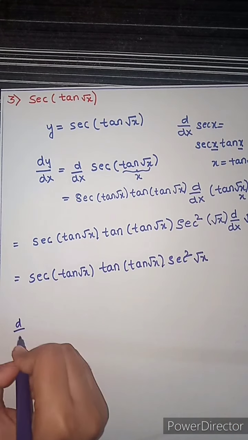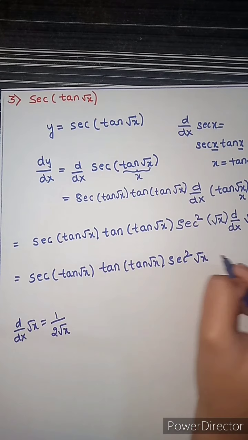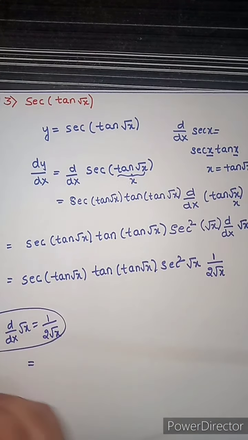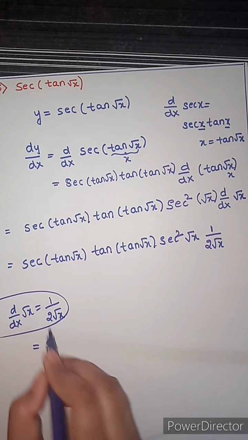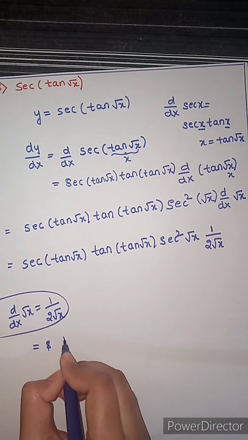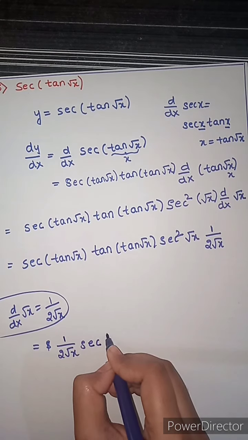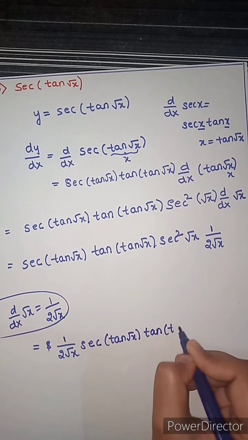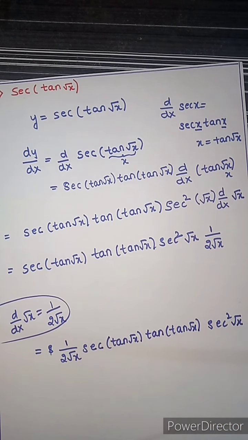We know differentiation of root x is 1 over 2 root x. This is side work. Okay, write as it is. Rearrange: 1 over 2 root x, secant of tan root x, tan of tan root x, secant square root x.